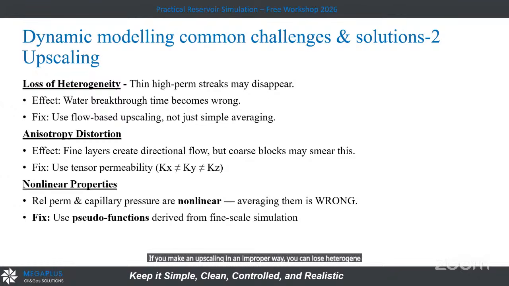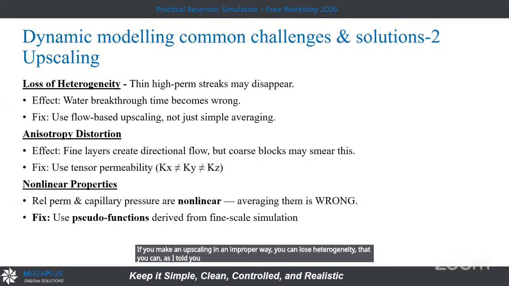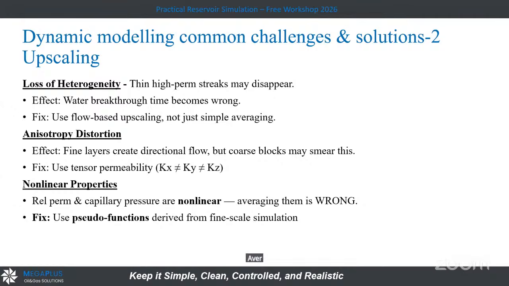As I told you in the first day, you can average as an example 20 or 30 cells in one cell, and these cells have differences in porosity or net to gross ratio. So when you make the coarsening of these cells, you will have a non-realistic property. So take care of it.